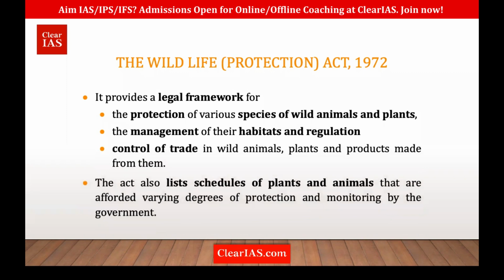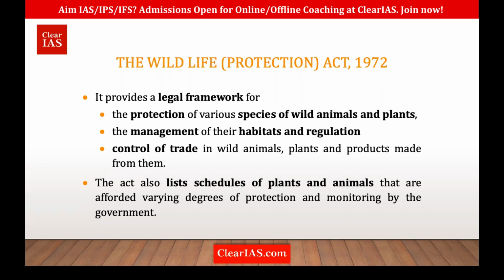How do they do it? In the Wildlife Protection Act 1972, there were 6 schedules. The first 5 schedules were with respect to animals, and the 6th schedule was with respect to plants. Schedules 1 and 2 were for species which need high protection.